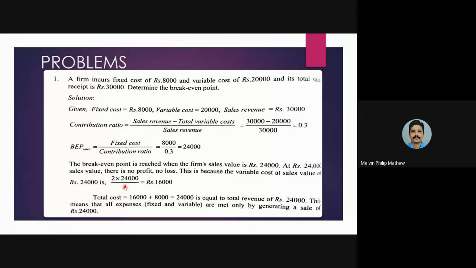Please write down: total cost is equal to 16,000 plus 8,000, which is equal to 24,000.